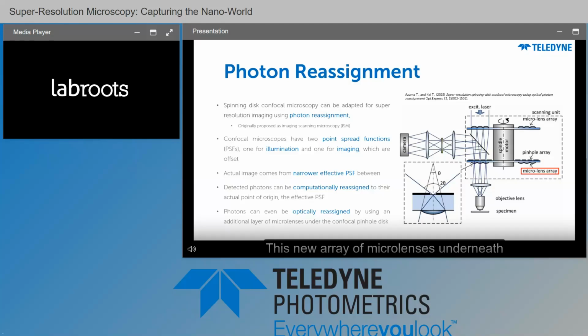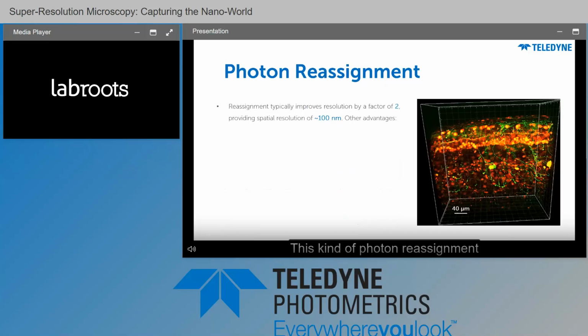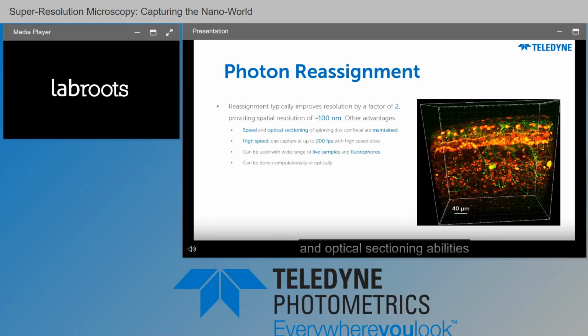This new array of microlenses underneath the pinholes can optically reassign the photons to the correct PSF. This kind of photon reassignment typically improves resolution by a factor of 2, providing spatial resolutions of 100 nanometers, similar to SIM. Other advantages include the speed and optical sectioning abilities of the confocal are maintained.